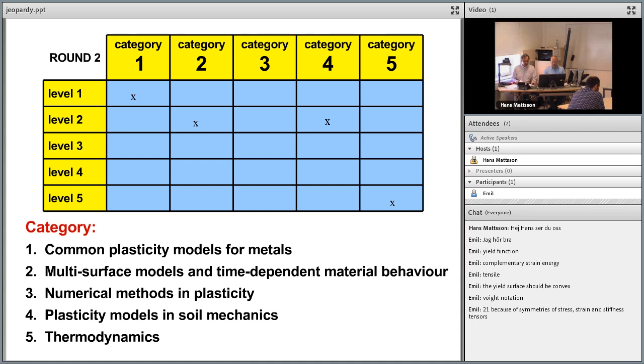Category 3, level 3. How is the arbitrary weight vector, denoted ny, chosen in Galerkin's method?